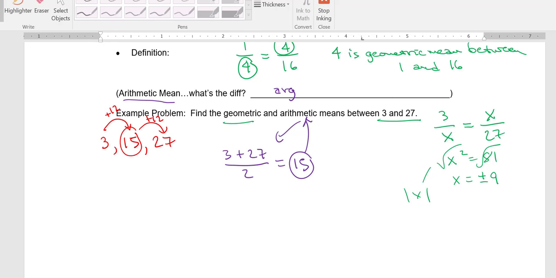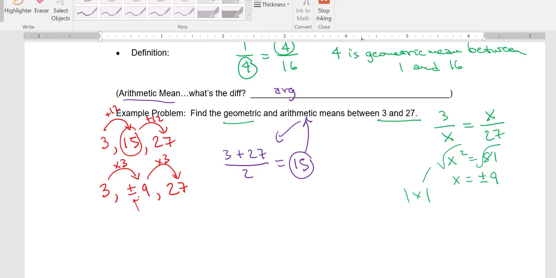That's what's happening when you're doing an arithmetic mean. When you're doing a geometric mean, you're going from 3 to plus or minus 9, and then to 27. You are going from here to here, and from here to here, and you are multiplying by the same amount. Multiplying by 3 here, multiplying by 3 here. Obviously, with a negative 9, you would be multiplying by negative 3 in both cases. So that is the difference between a geometric and an arithmetic mean.